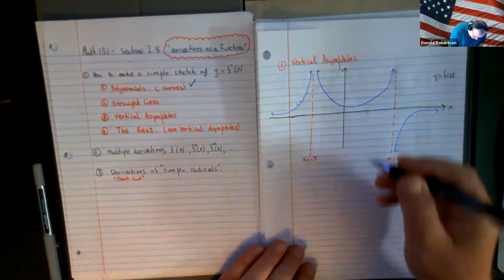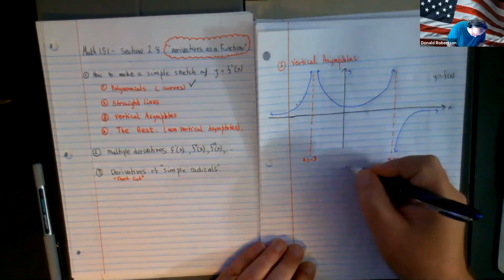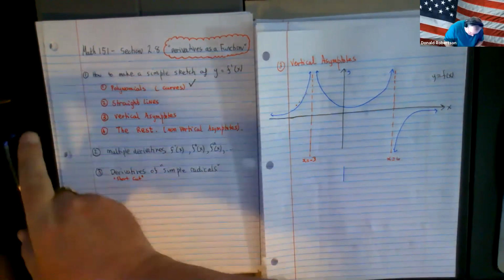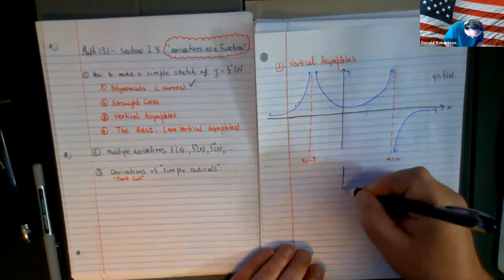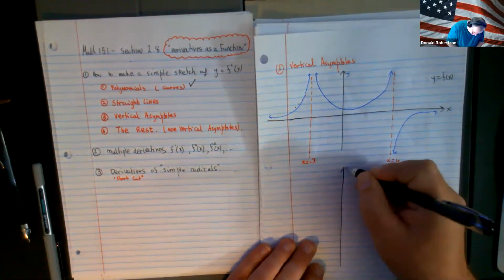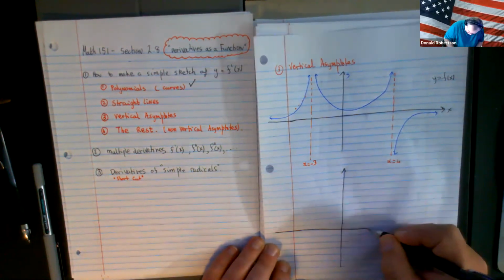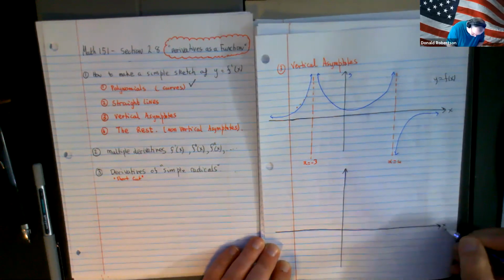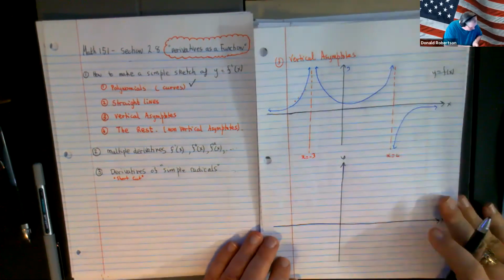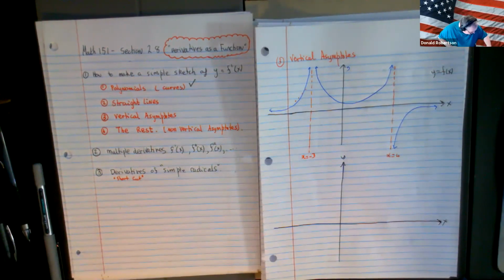So now we're going to have to figure out how we can draw the sketch of the derivative function from only this sketch that's above here. Well, this is a kind of hybrid method.